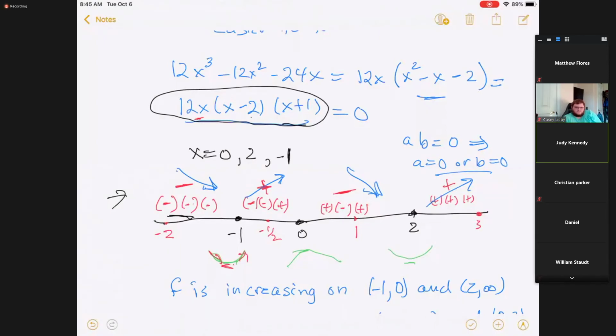So at minus 2, let me just write it down here. At minus 2, I get 12 times minus 2 is minus 24. And then minus 2 minus 2 is minus 4. So I'm looking at this, right? And then minus 2 plus 1 is minus 1.